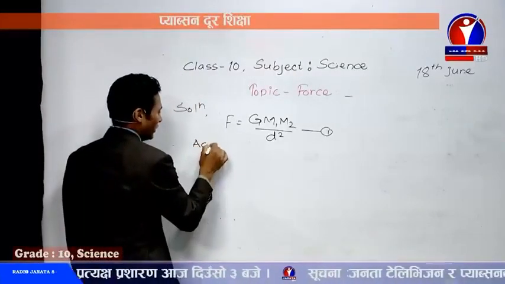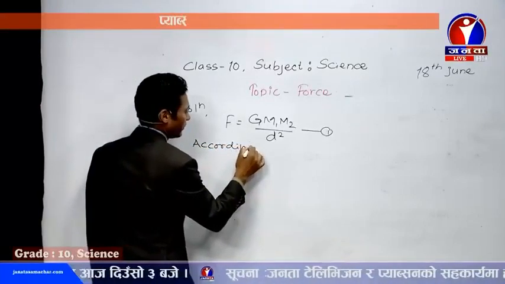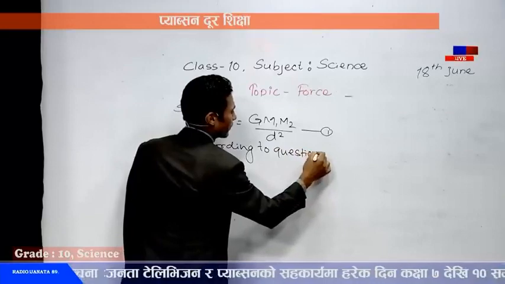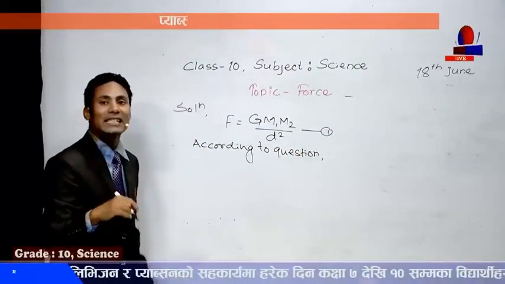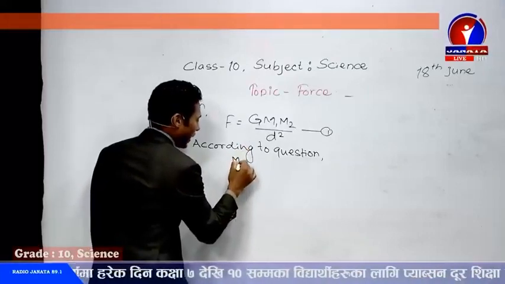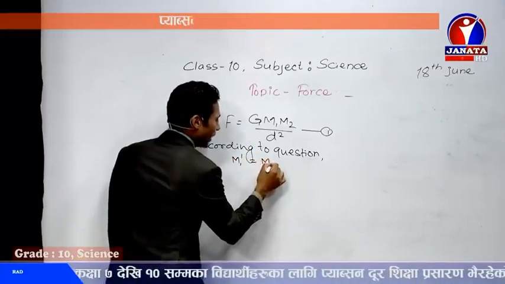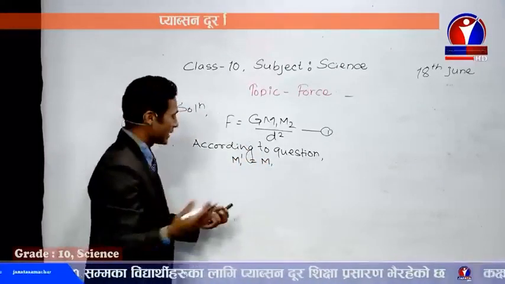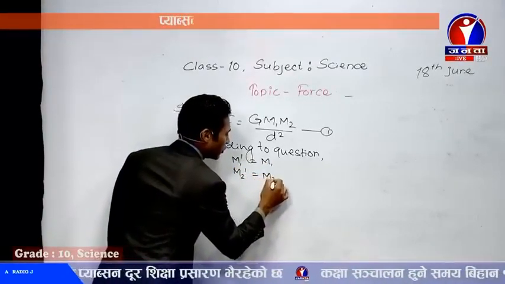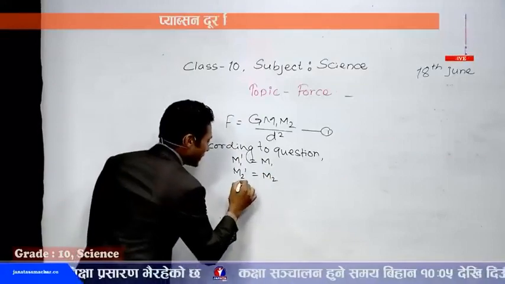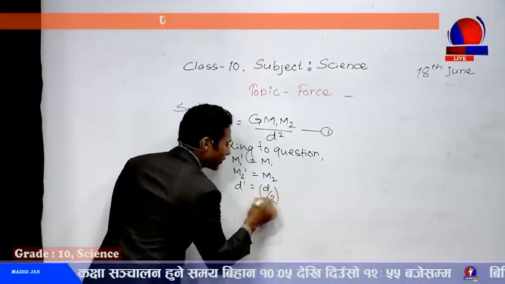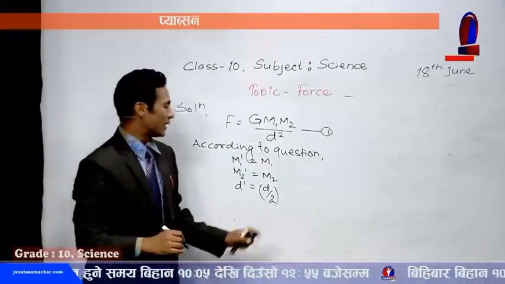Now according to the question, the distance is decreased by half. So m1 dash equals m1 as it is because mass is constant, m2 dash is m2, and d dash is half the distance.